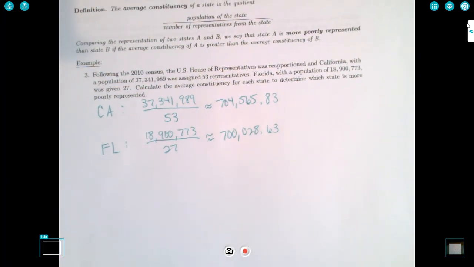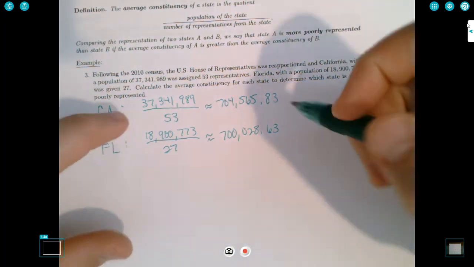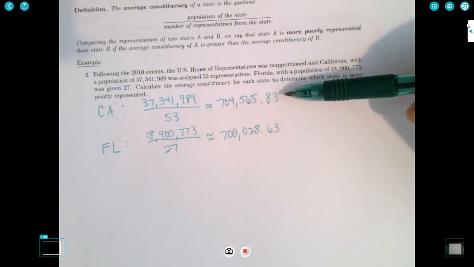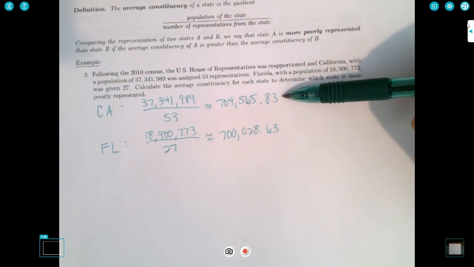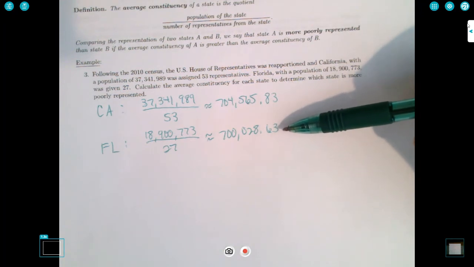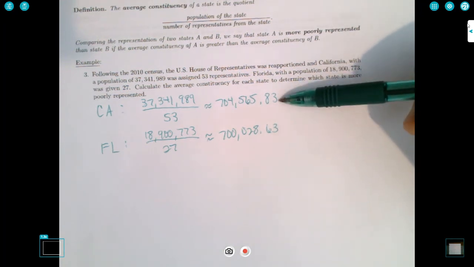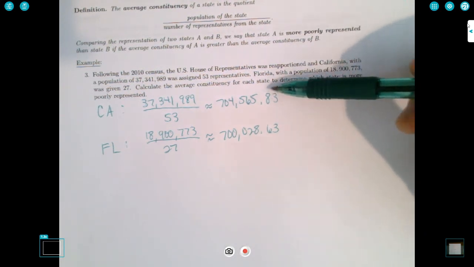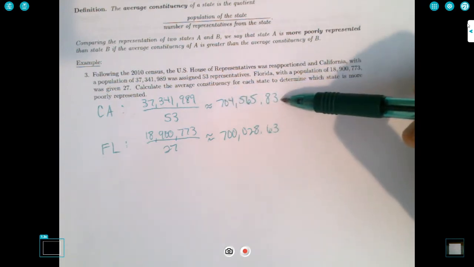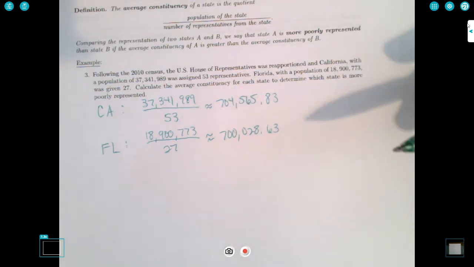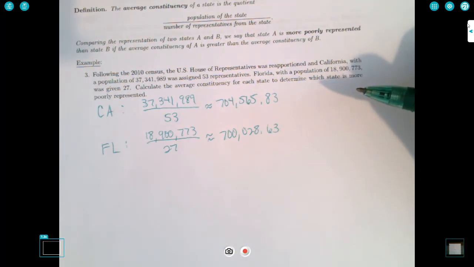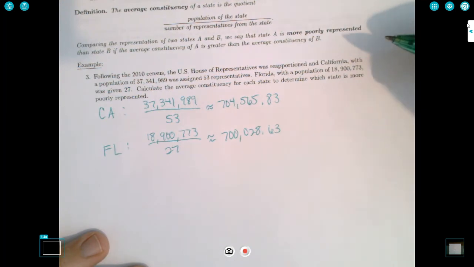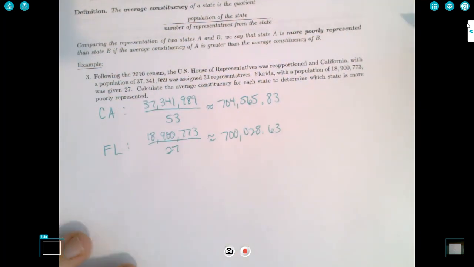So their average constituency is actually pretty close, but because the average constituency for California is greater than the average constituency for Florida, we would say that California is more poorly represented, right? Each representative from California has to represent about 4,000 more people than each representative in Florida does. So we're less represented here in California than people in Florida. Or at least that was the case in 2010.